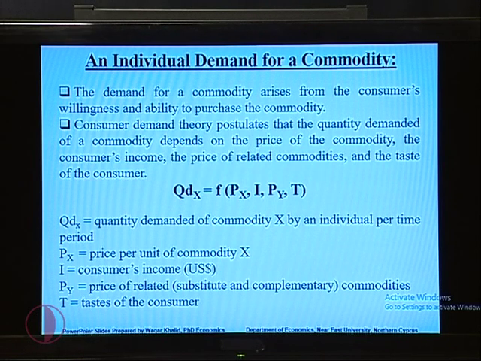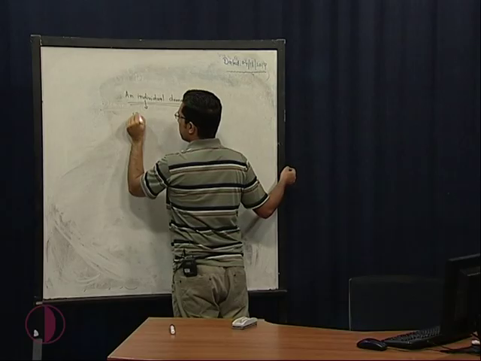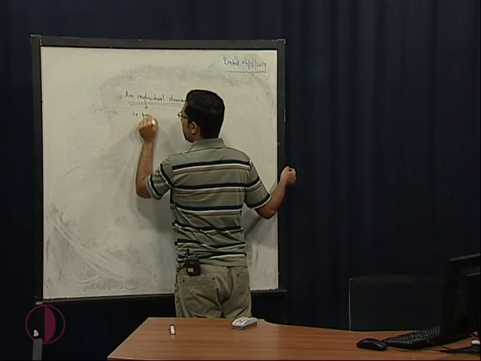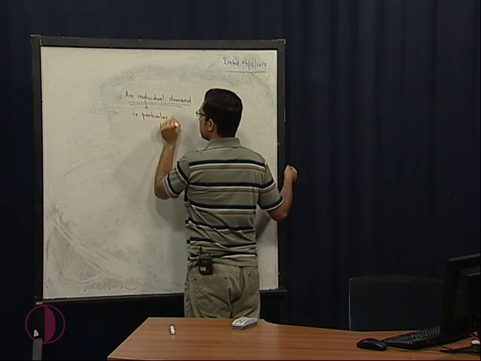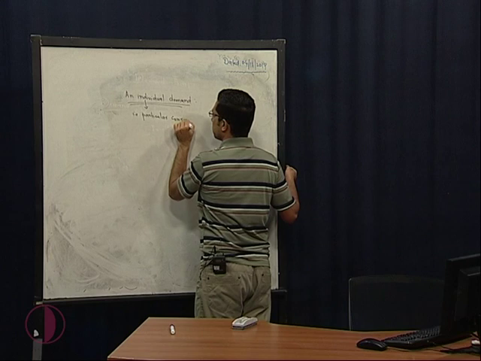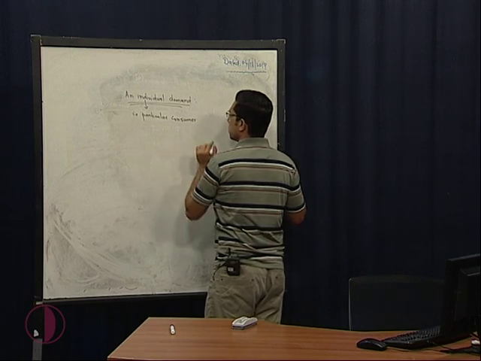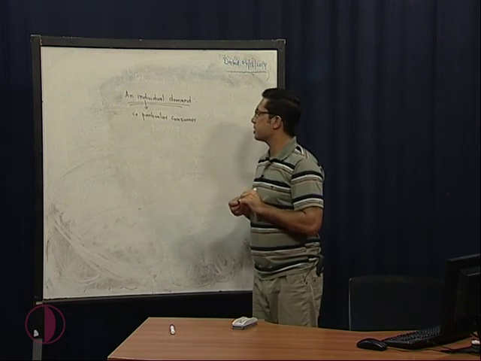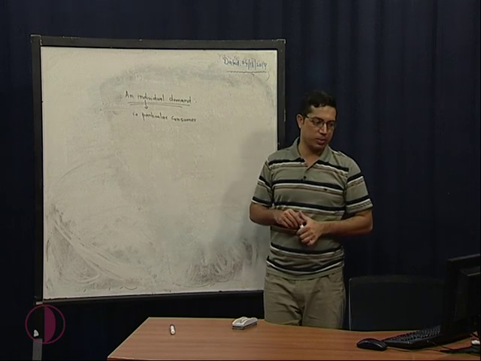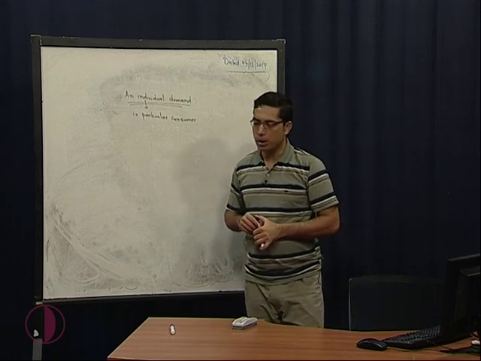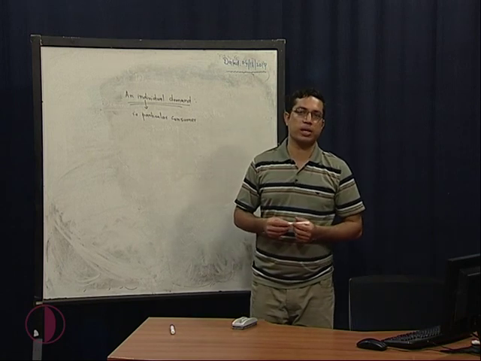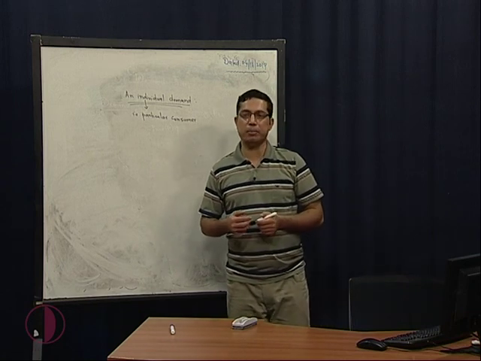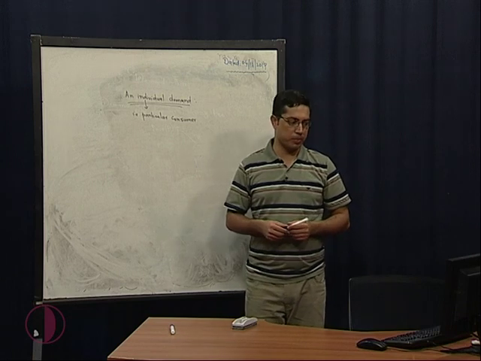Individual means a particular consumer. So the demand for a commodity arises from the consumer's willingness and ability to purchase the commodity.